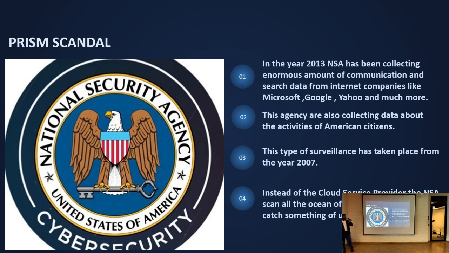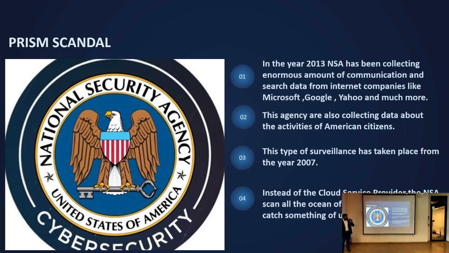Freedom Standard. This was introduced by the United States of America. In the year 2013, the NSA, which is the National Security Agency of the USA, was collecting an enormous amount of communication and search data from internet companies like Microsoft, Google, etc. The agency keeps watch on what activities people in the US perform on the internet, gathering all the information from Microsoft, Google: what they search on the net, what type of data they use.